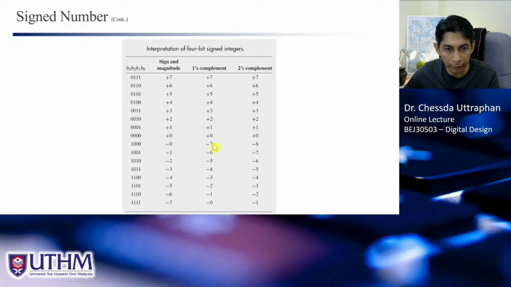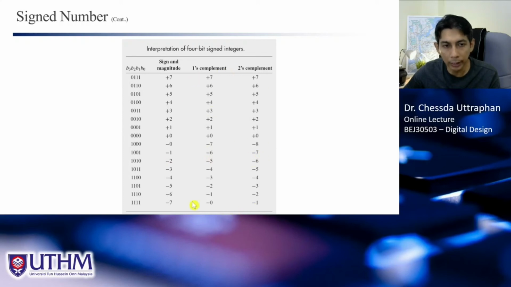First complement is minus 7. Second complement means minus 8. 1 0 0 1 in sign and magnitude is minus 1. In first complement it is minus 6. In second complement it is minus 7, right?